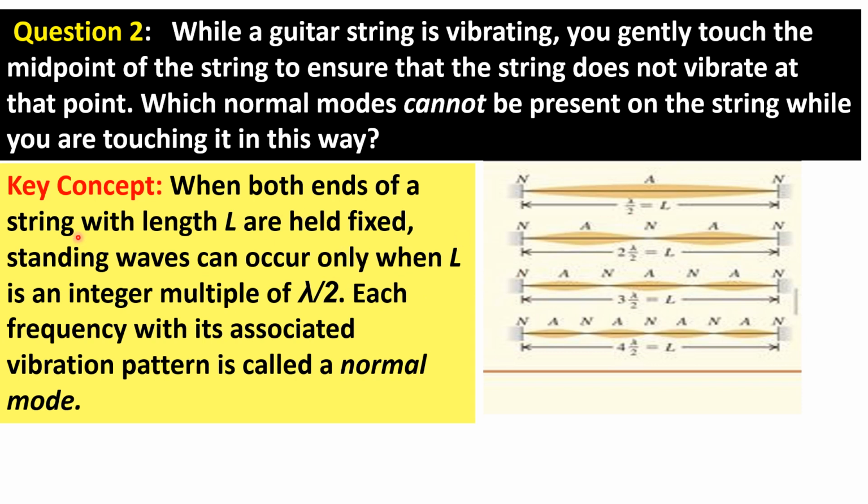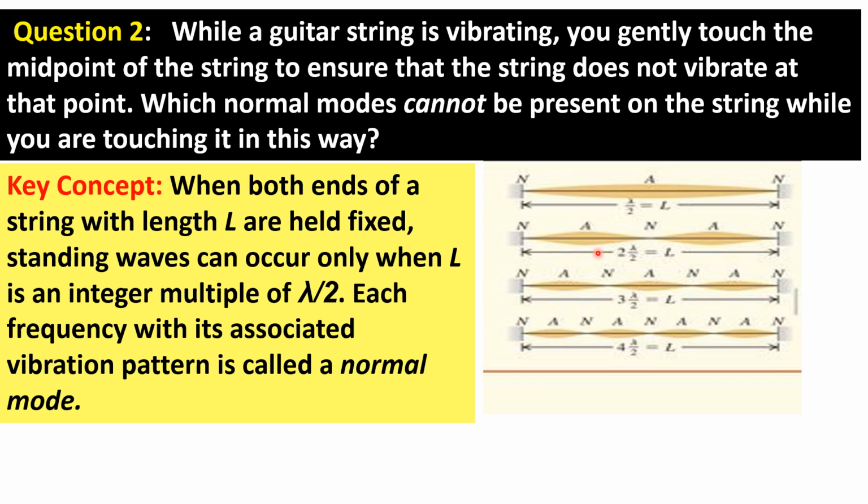When both ends of a string whose length is L are held fixed, standing waves can occur only when the length L is an integer multiple of lambda over 2, or half lambda. Each frequency with its associated vibration pattern is what we call a normal mode.